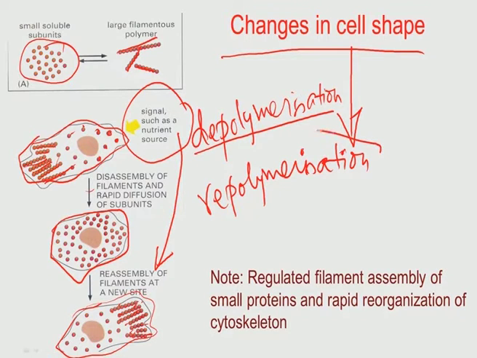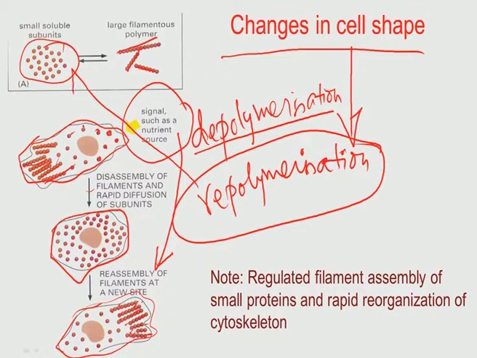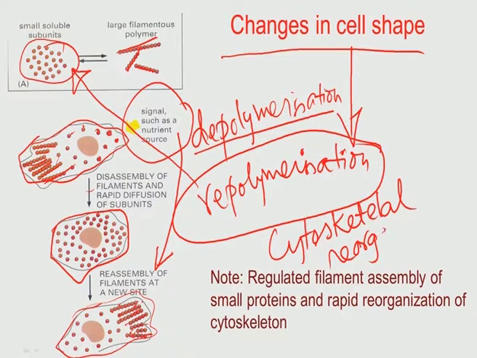Now, under certain circumstances or certain signaling environment, repolymerization of these small soluble subunits can lead to actin filament formation again, not at the original place of their degradation, but at other sites of the cytoplasm, and that way actin filament depolymerization and repolymerization can lead to the process called cytoskeletal reorganization. Now, this cytoskeletal reorganization is one of the precursors to cell material interaction.